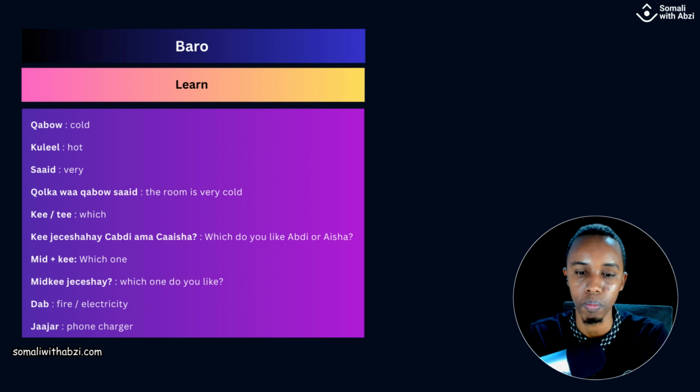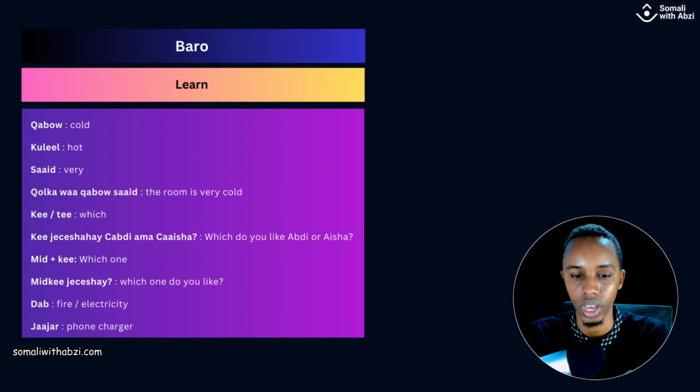Mid we use when saying this one, that one, which one. So now we're using mid plus k, where k is which, mid is one. Midkee, which one? You don't need to say feminine or masculine. It's both.